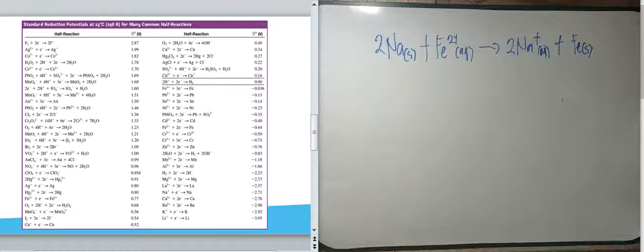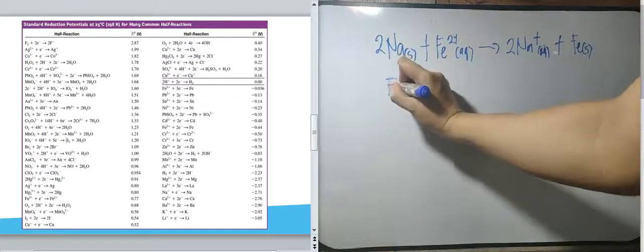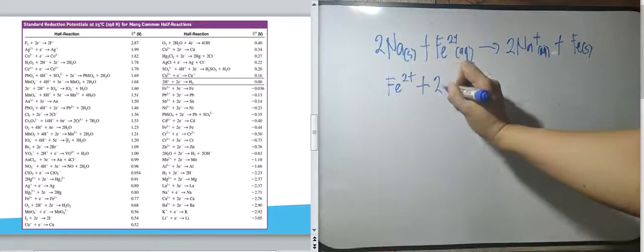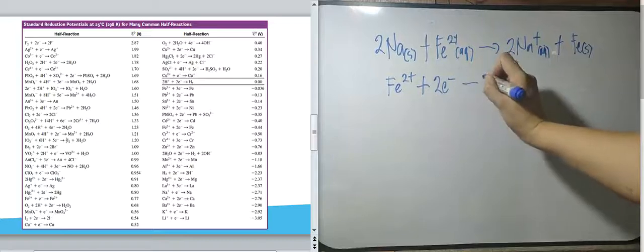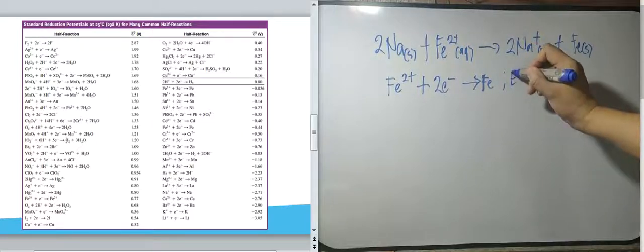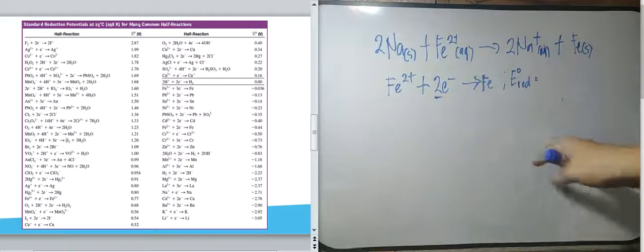So we have here another example. 2 sodium plus iron 2 plus will yield 2 sodium positive plus iron, which is solid, which is electrically neutral. Alright, so we have here a half reaction, which is Fe 2 plus plus 2 electrons. This one is reduction. Again, why? Because the electrons are on the reactant side.